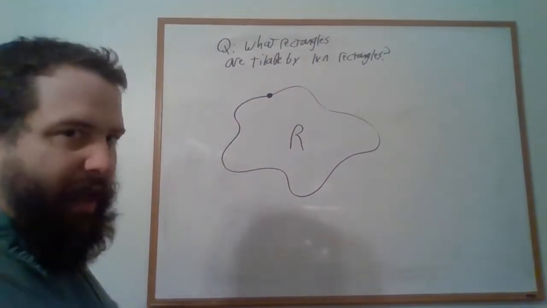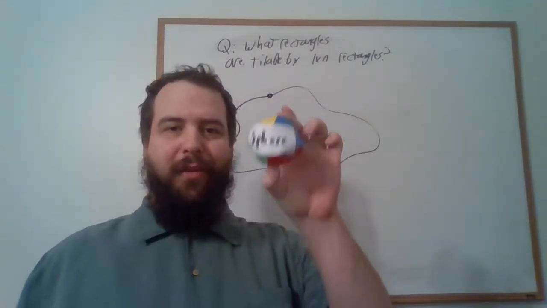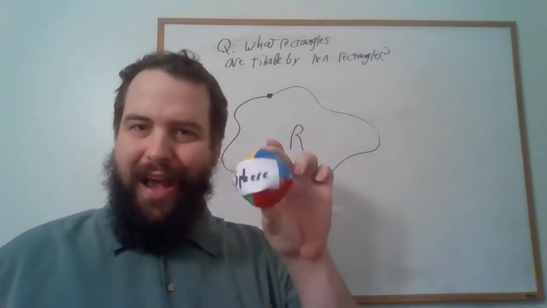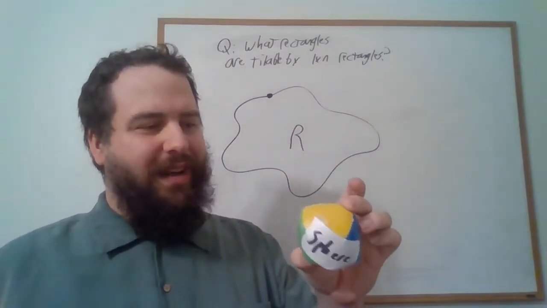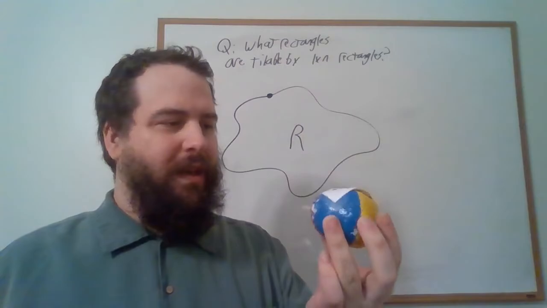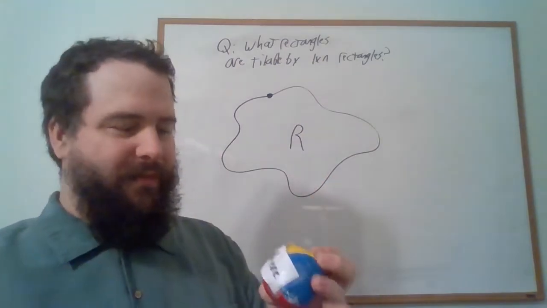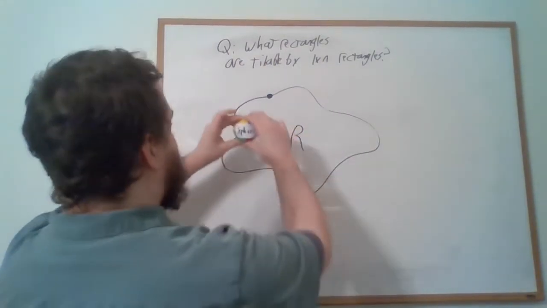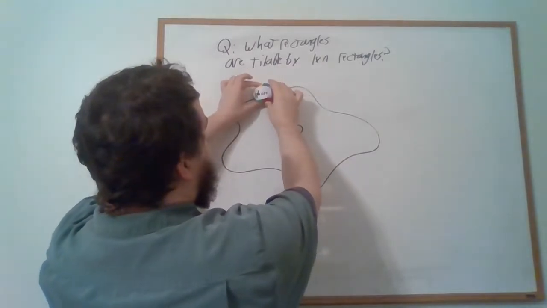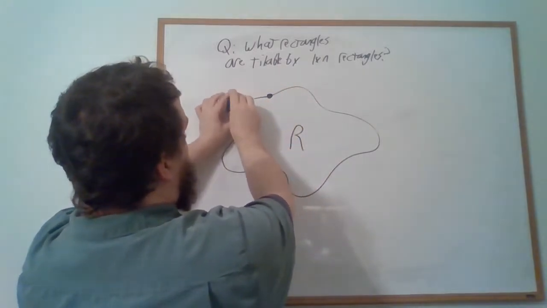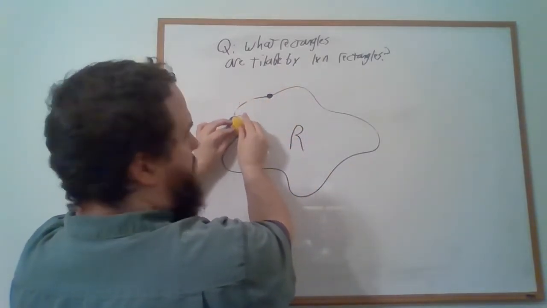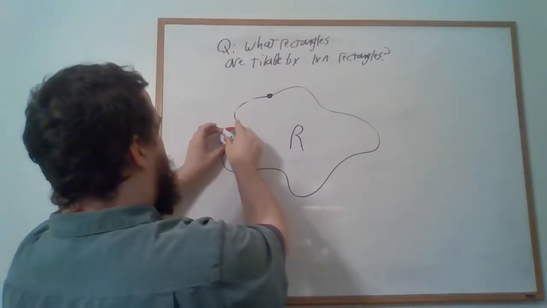And here I have a sphere. It's a very clearly labeled sphere, so we know that it is actually a perfect sphere and not some lumpy juggling ball that I found. So we start our sphere here, and we roll it around.